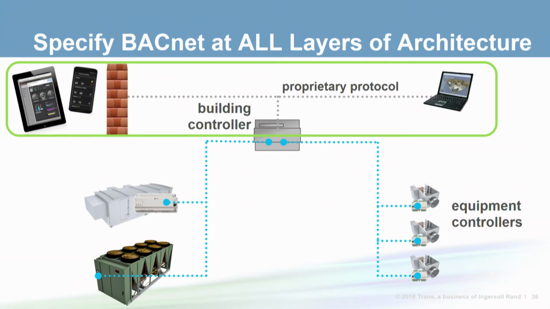When specifying equipment-level controllers and networks, require all devices to use BACnet as their method of communication. Gateways and proprietary devices should only be allowed by exception, and then only when there is a compelling reason to do so. On a related note, make sure you don't allow a proprietary communications protocol to be used at the building network level or the enterprise level.